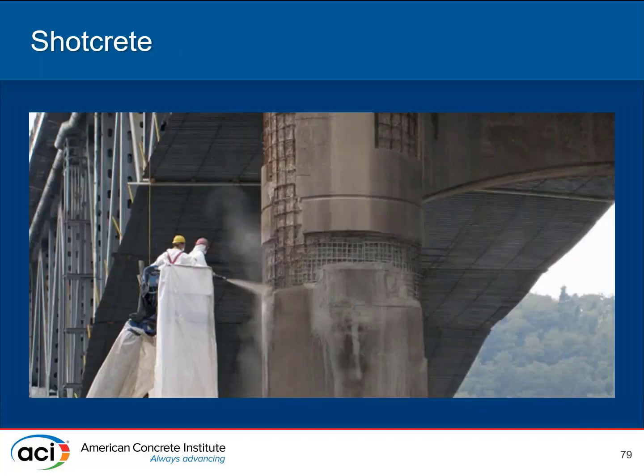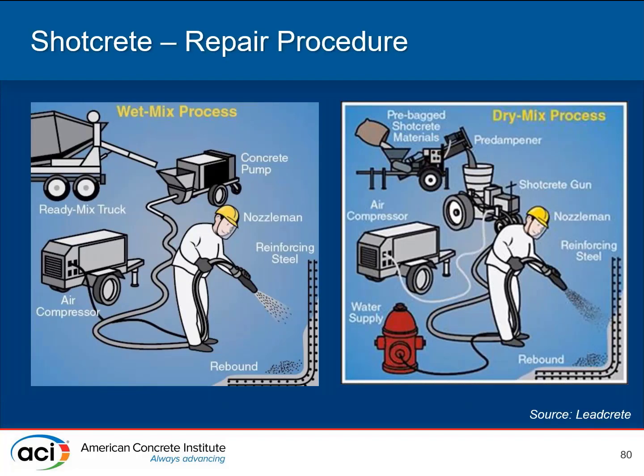Shotcrete, however, is not something you encounter in new design, though it was developed and started in the mining and tunneling industry, but it's found to be very useful in the repair field. There are two different methods of shotcreting: the wet process and the dry process.